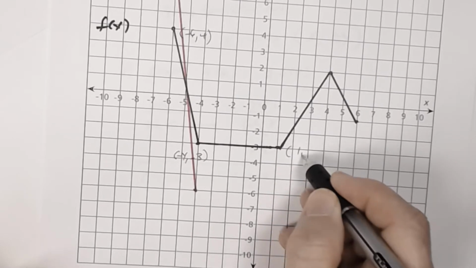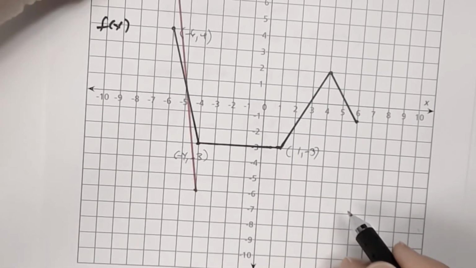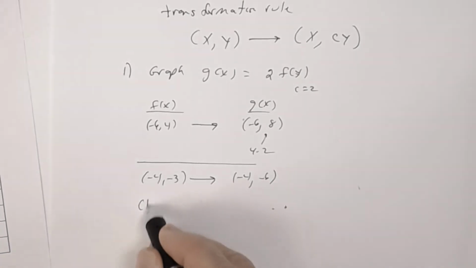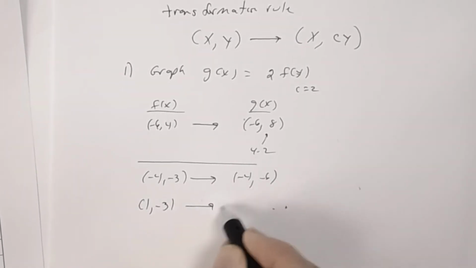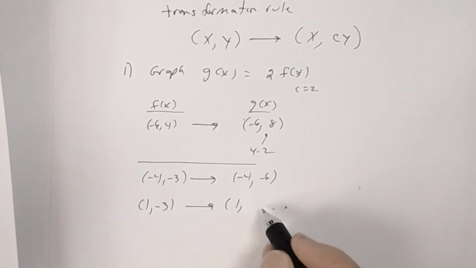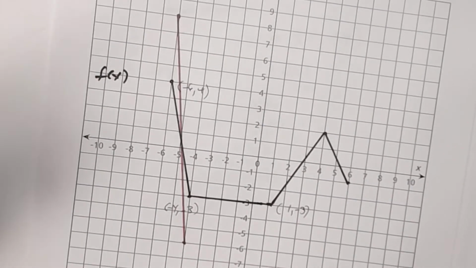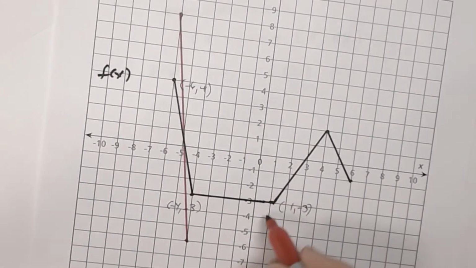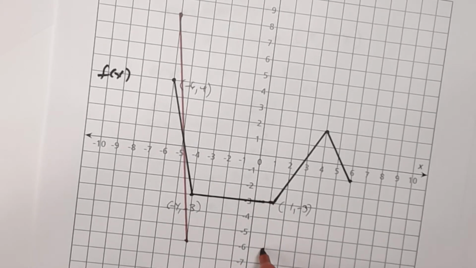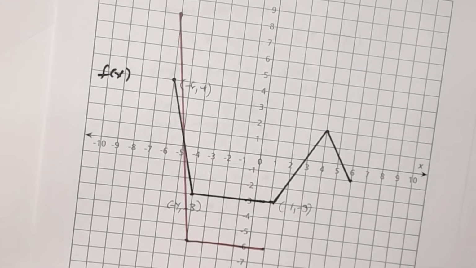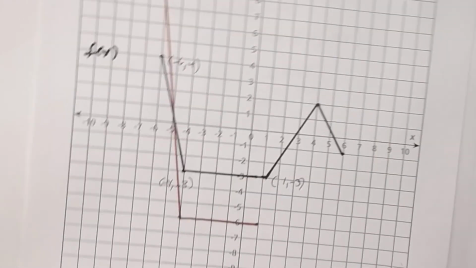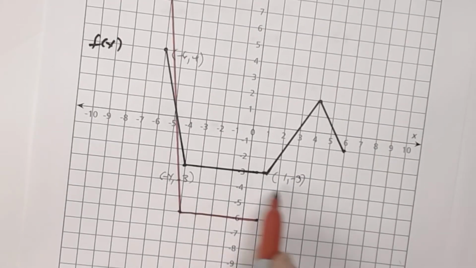This is the point 1, negative 3. It becomes 1, and we double the y value because c is 2, so negative 6. So 1, negative 6, which is right here. Notice that whenever you have a vertical stretch, and even a vertical shrink, the horizontal segments will be the same length.